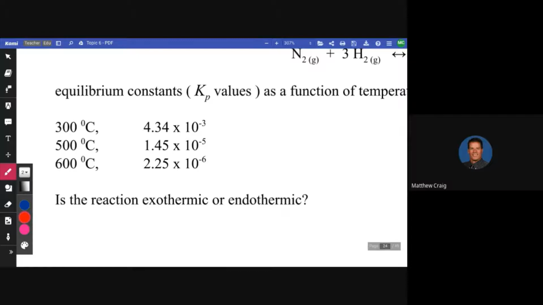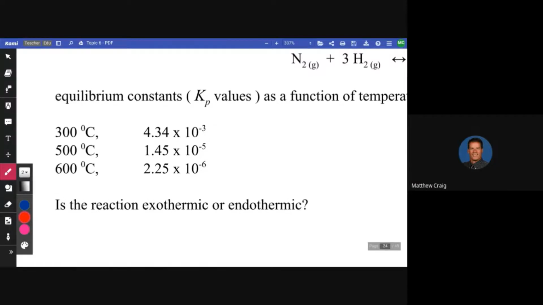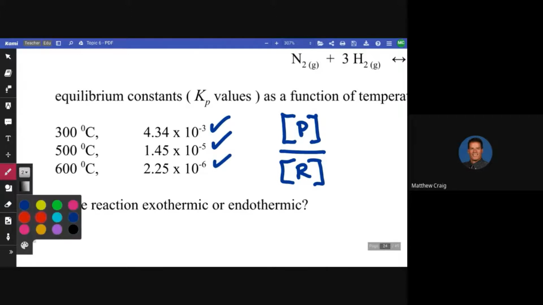Again, be sure that you solve for the shift first. In other words, figure out what is happening as we go from here to here to here. So my question is, these are the K values, because this is temperature. The K values are getting lower, from 10^-3 to 10^-6.